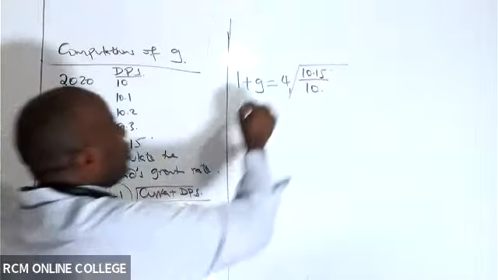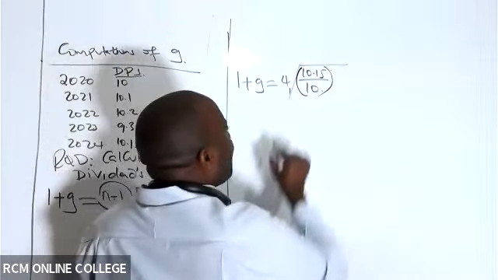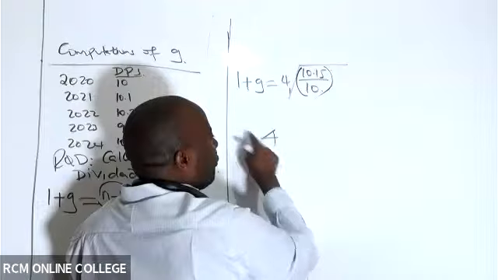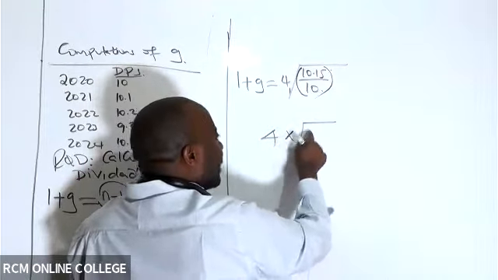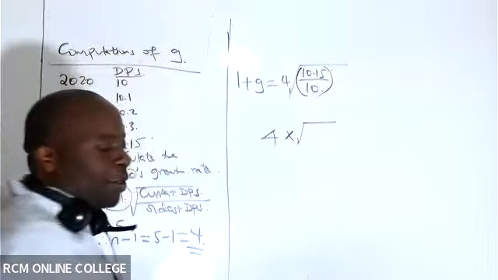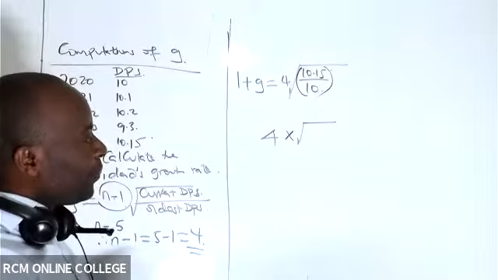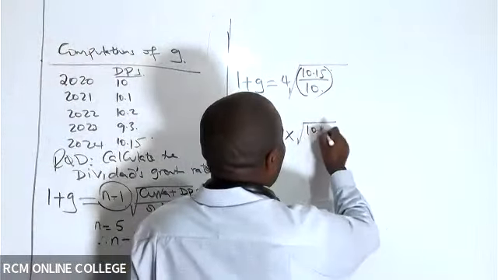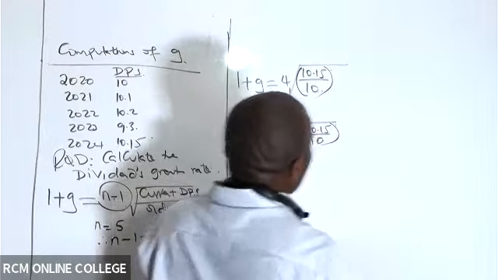Please remember to put this in brackets. And remember, we're not using the normal square root. I will say 4, and then I say shift, so that we get the x root. So 4, x root, then 10.15 divided by 10. Ensure you're putting this in brackets.